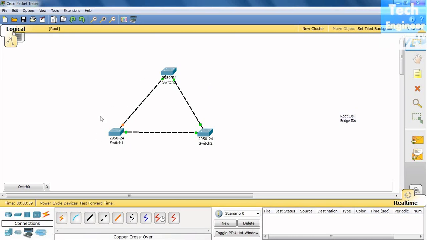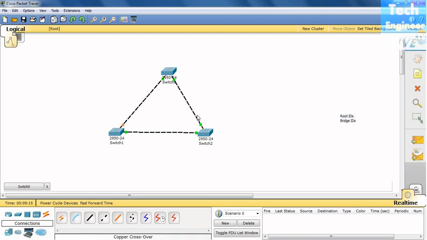This switch can't be considered the root, because one of its ports is in a blocked state. It is blocked, and only one switch is in the forwarding state.